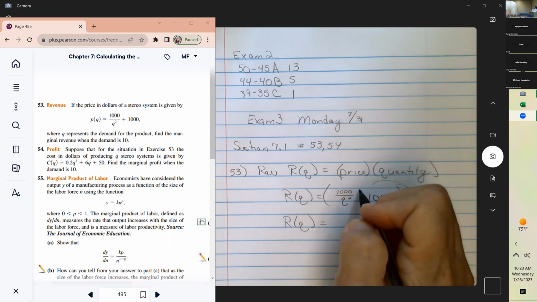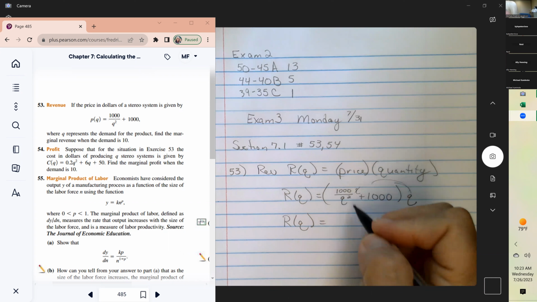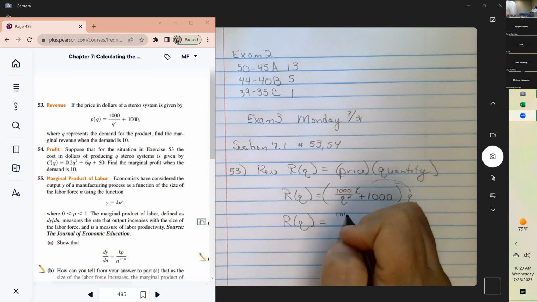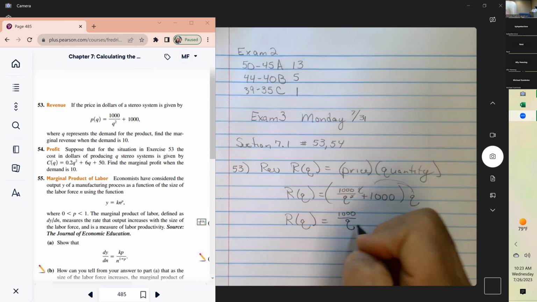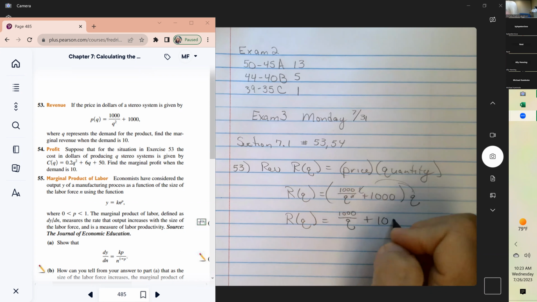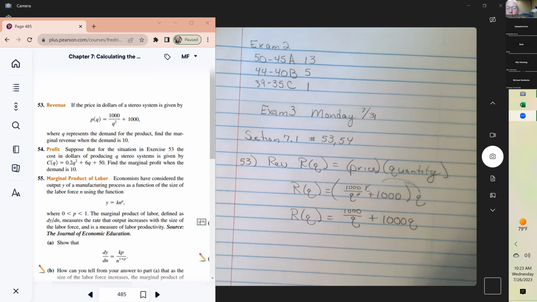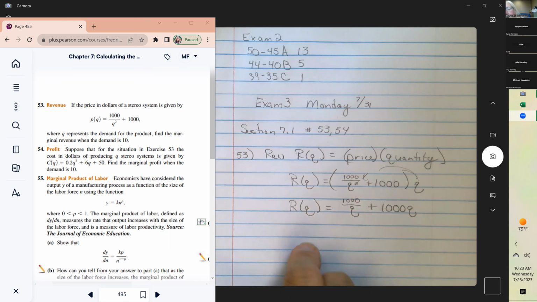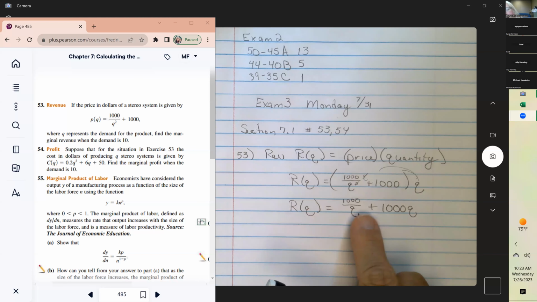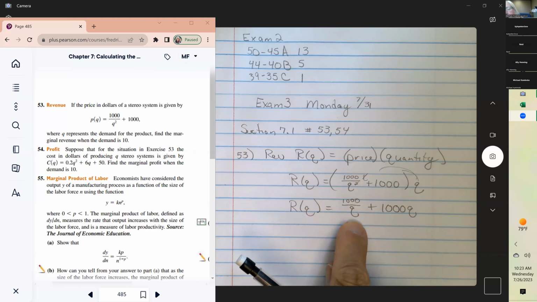When you multiply the Q here, this cancels with one of these and leaves 1,000 over Q plus 1,000 Q. This would be our revenue function. Marginal revenue means to take the derivative of it. In order to take the derivative, this Q in the bottom needs moved up.